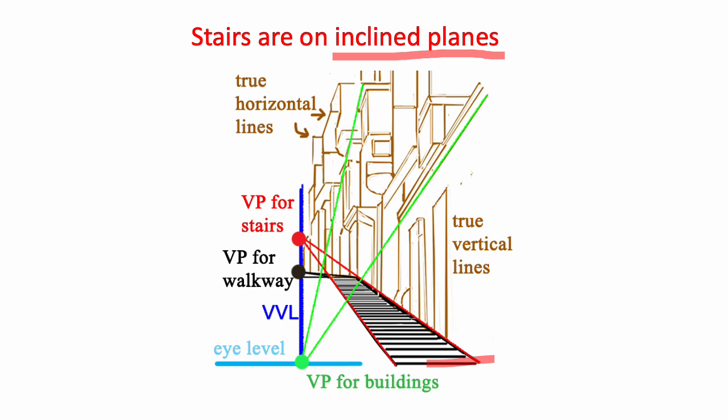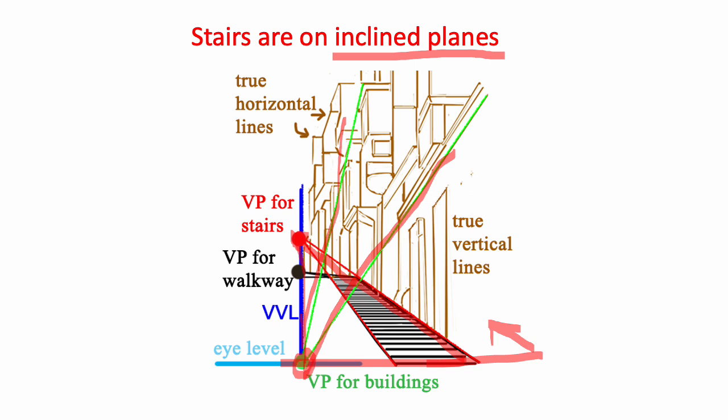To understand stairs, you need to understand inclined planes. If we're at the base of these stairs looking up, then our eye level is low. The vanishing point for the buildings converges toward our eye level because we and the buildings are on the same level ground. The incline for the stairs converges toward a vanishing point vertically above the one for the buildings because they're connected, or at least angled in the same direction.